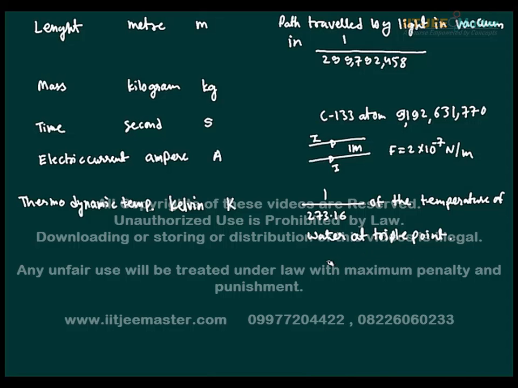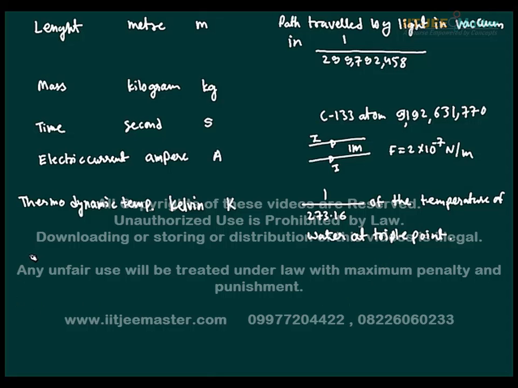You must know about the triple point. About the triple point, I will say that you will learn about this in thermodynamics. The triple point is the temperature at which matter remains in three states, that is solid, liquid, and vapor. So the triple point of water is 273.16 Kelvin, and 1 upon 273.16th part of this temperature is measured as a Kelvin.